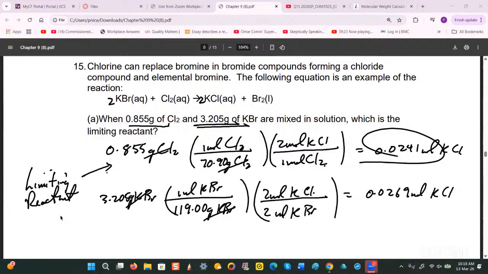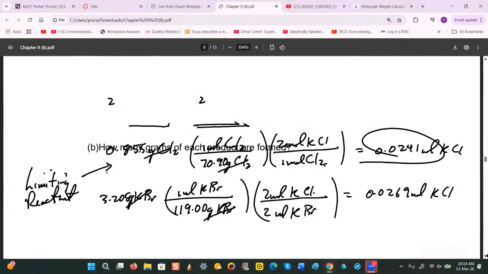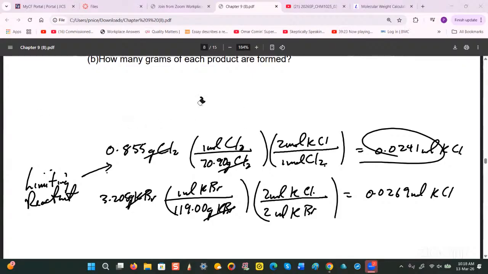Let me scroll down. Okay, so the next question is asking how many grams of each product are formed? Now, in order for us to do that, let me erase this here, create some space.